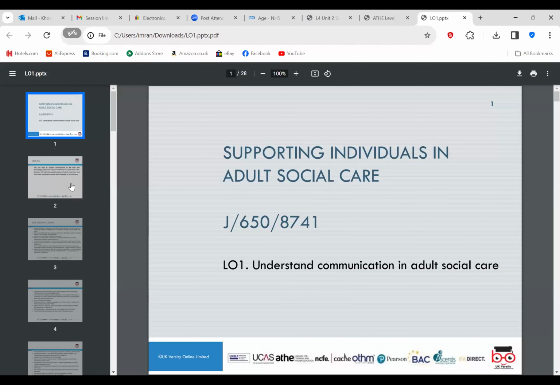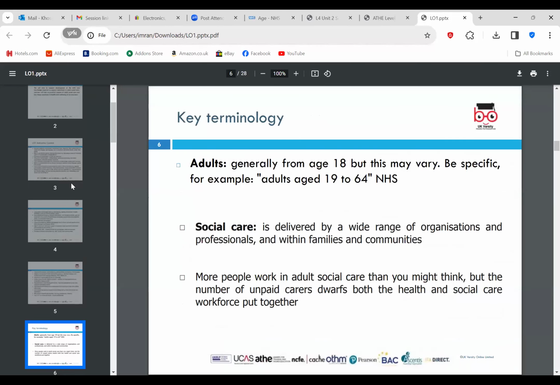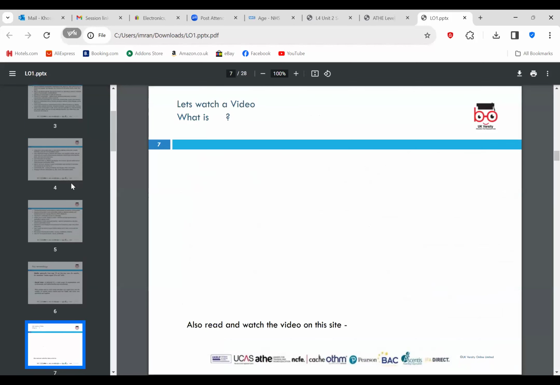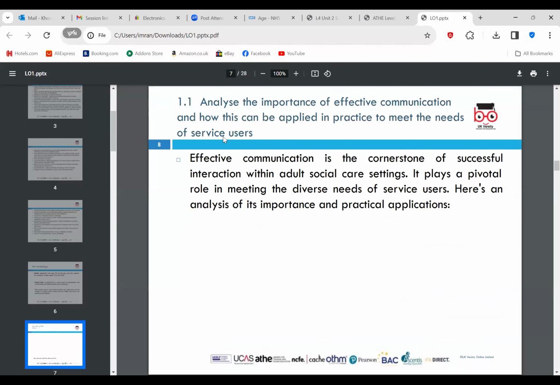Yeah, great. So we saw that video, quite informative, that there's more required for elderly social care, especially. So the first objective that we would talk about is to analyze the importance of effective communication and how this can be applied in practice to meet the needs of service users.